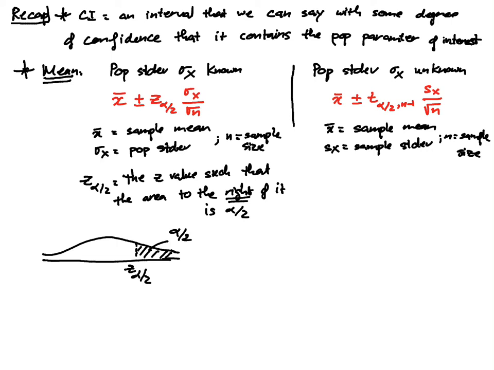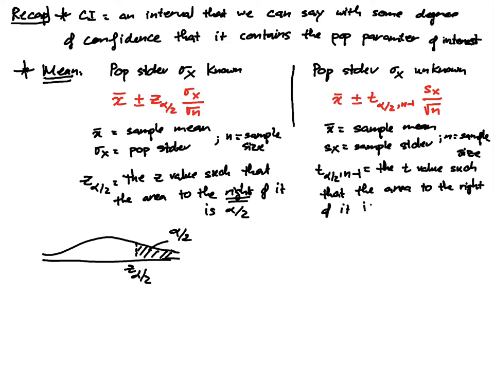Now t sub alpha over 2 with n minus 1 degrees of freedom is the t value such that the area to its right is alpha over 2 when the degrees of freedom df is equal to n minus 1.